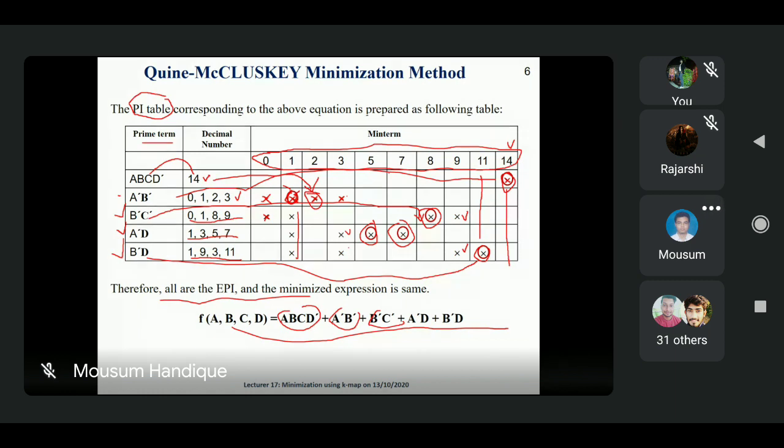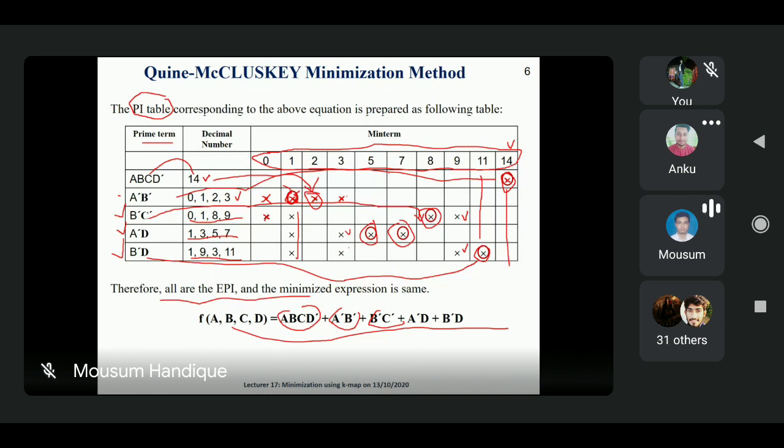Don't hesitate. Sir, that ABCD dash is not included in any prime implicant, no, sir. Which one? The first one, ABCD dash. It is not included in any prime implicant.